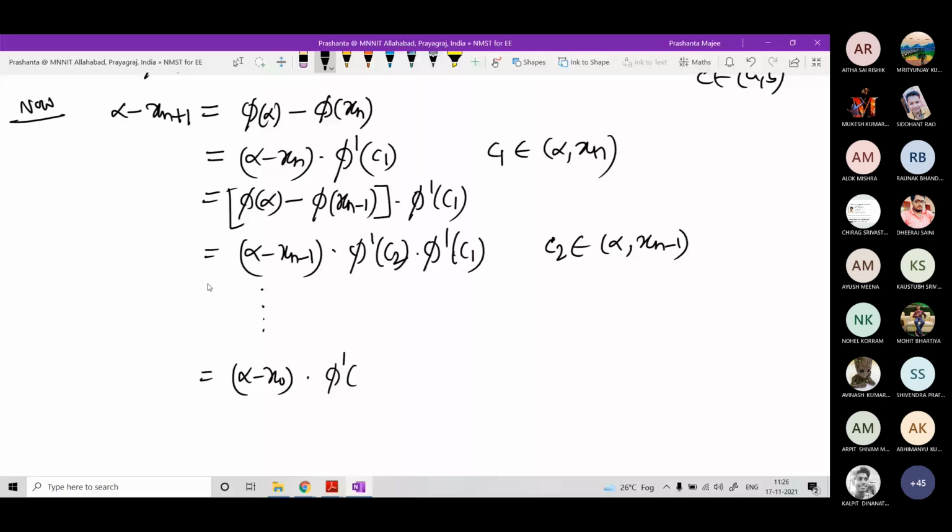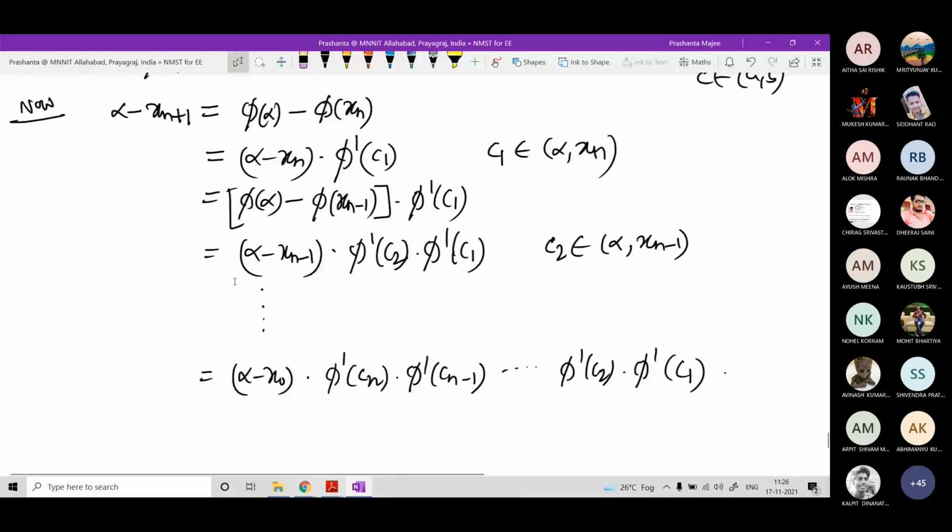Phi dash cn, phi dash cn minus 1, up to phi dash c2, phi dash c1. In each step, you will get one such phi dash, is it not? So this is the expression you are getting. Here c1, c2 up to cn, they all belong to the open interval a, b. Alpha, xn is a subset of the open interval a, b. So all these points belong to the open interval a, b.